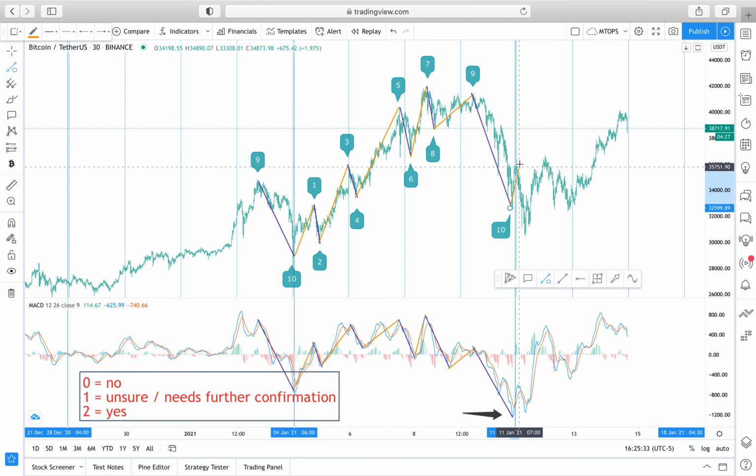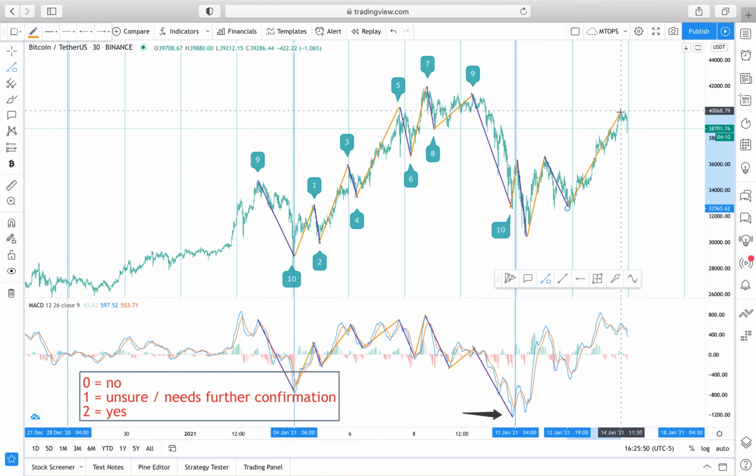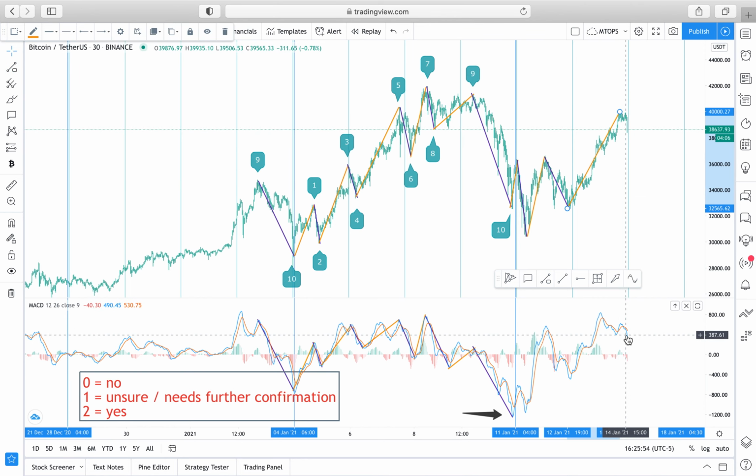Then from 10 to 1, and from 1 to 2, and from 2 to 3, and from 3 to 4. And if we want to continue here, 4 to 5, and as you can see, 5 to 6 is now forming. And there we go, there's another confirmation.